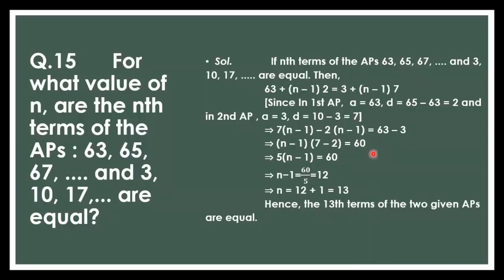Which term both are equal, they're asking. They said the series of this and the series of this are equal. At which term are both the series values the same, they asked. Any doubt here, children?